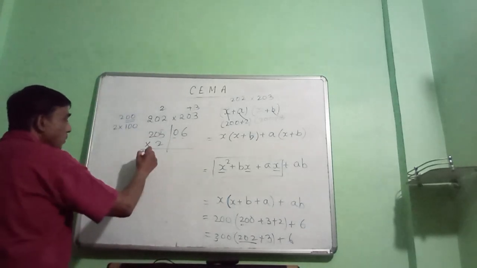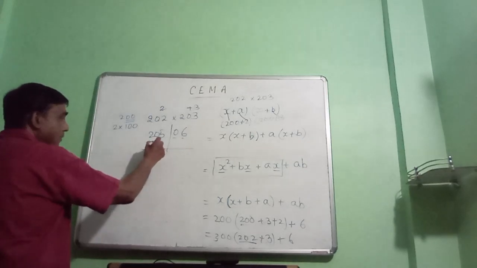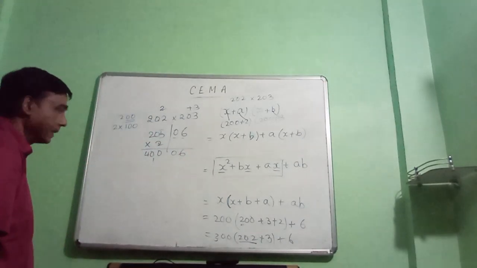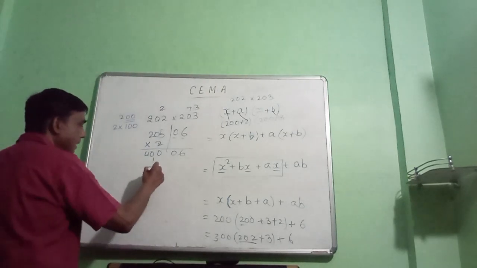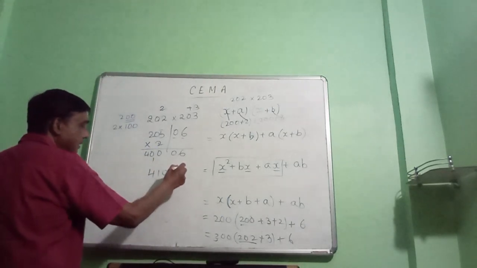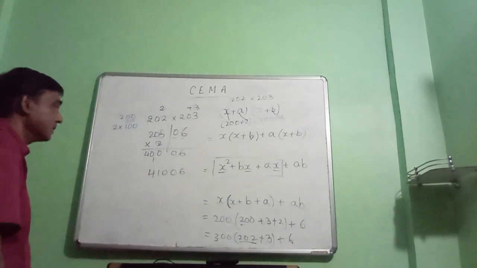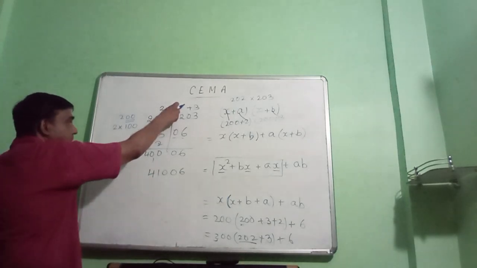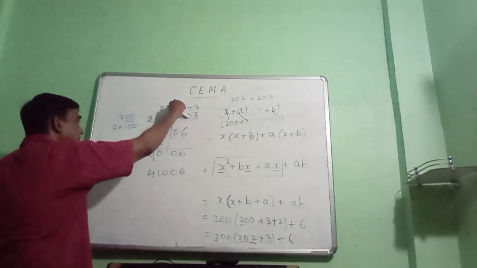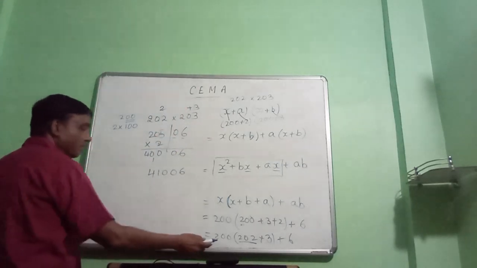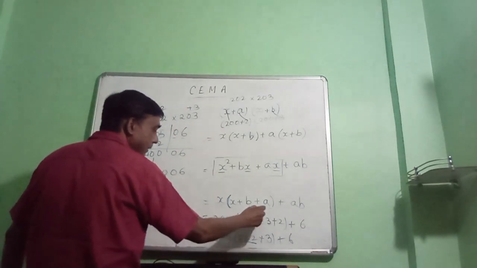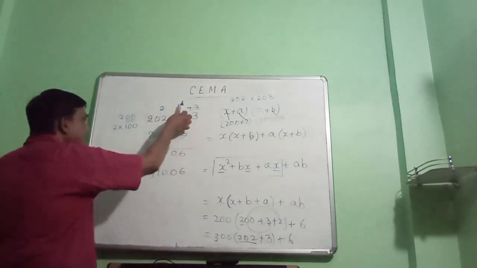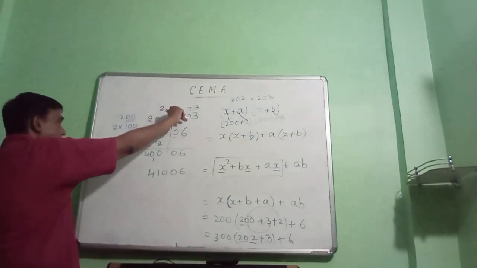So 2 0s are 0, 2 5s are 10, and this is 0, 6. This carryover comes here and it becomes 41006. So 202 plus 3 is also 205, 203 plus 2 is also 205. So whether I take 202 plus 3 or 203 plus 2, that is why it works both ways.